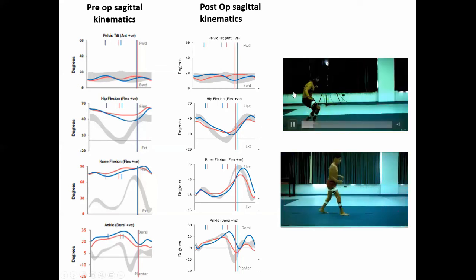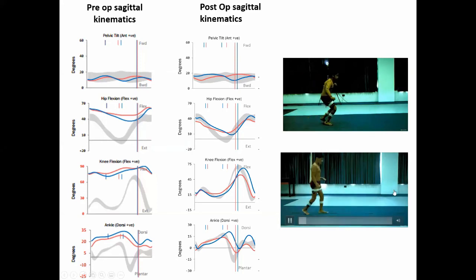This was the child which we saw, who had the ankle in dorsiflexion and the hips in flexion. Now all we have done is judicious hamstring lengthening for the child. So now you can see the knees have become straight.